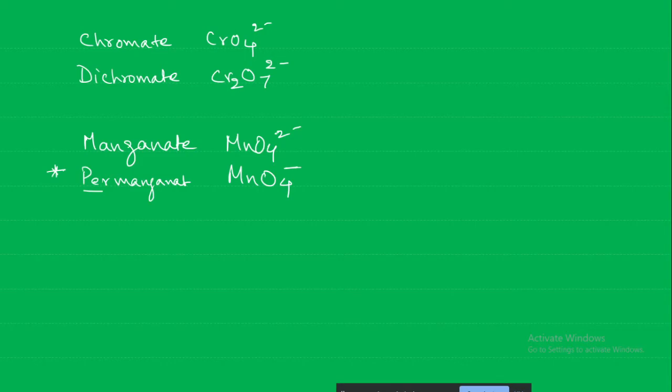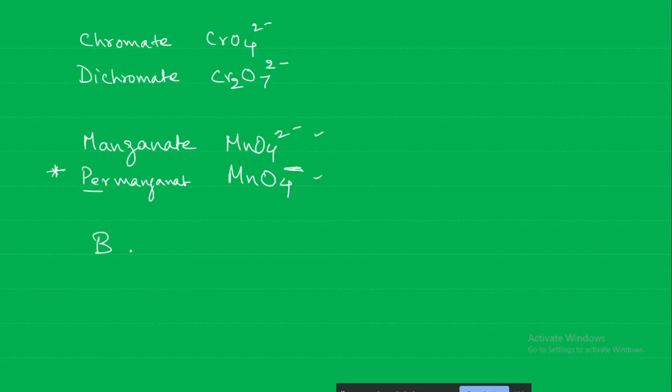Because the one having the more negative charge is more reduced. Manganate has more negative charge, so it is more reduced. MnO4 minus is more oxidized than manganate. So wherever you see per, we are adding one extra oxygen. Here we did not add an extra oxygen, but it is a more oxidized form.